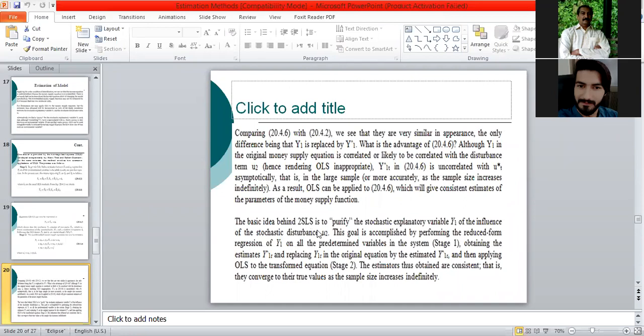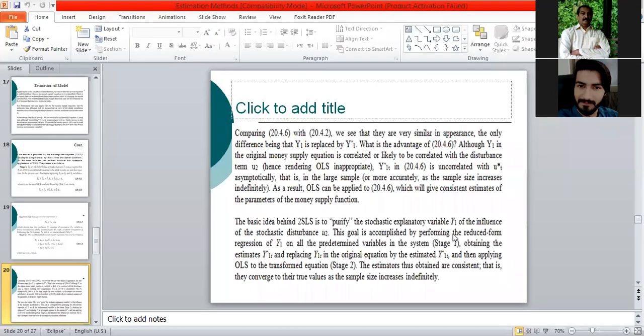The basic idea behind 2SLS is that it purifies the stochastic explanatory variable Y1. In the original equation, Y1 is the stochastic variable that is likely to be correlated with the error term U2. The advantage of 2SLS is that it purifies Y1 from the influence of the error term.